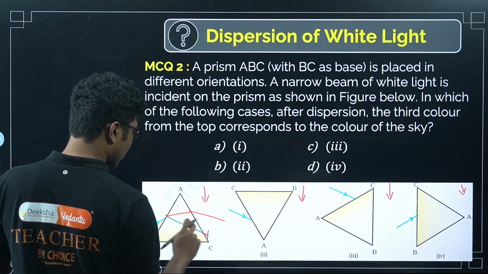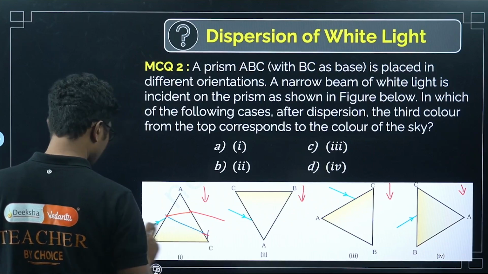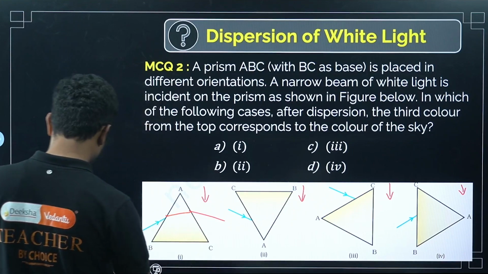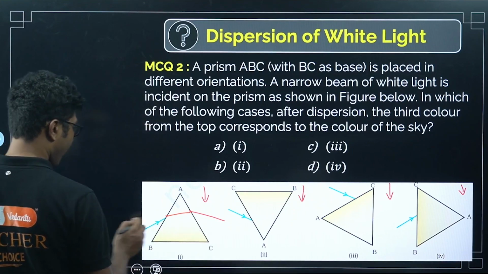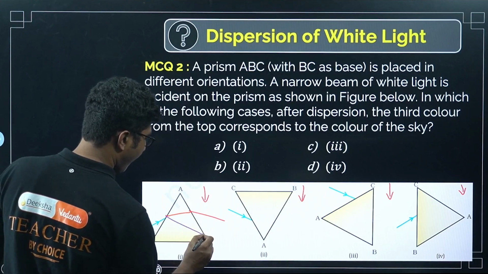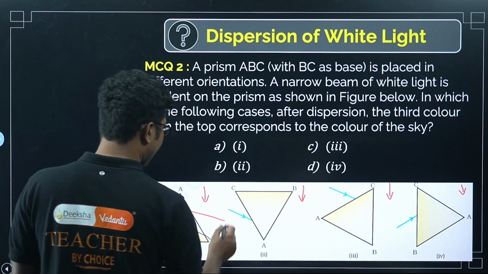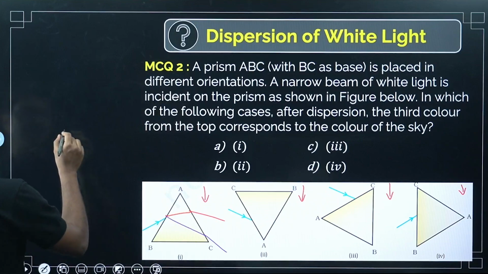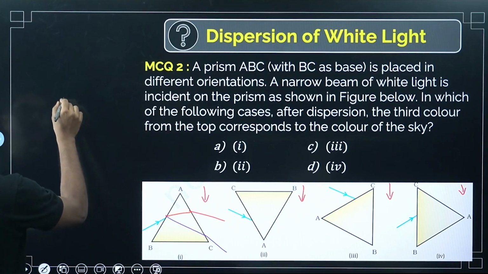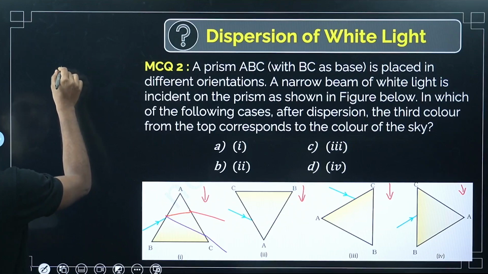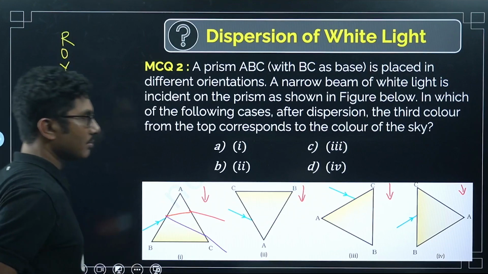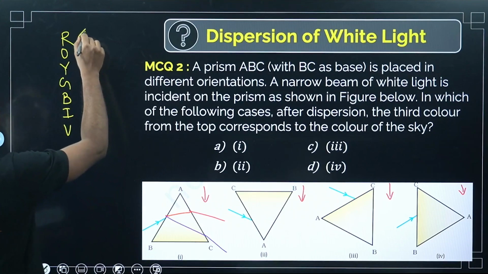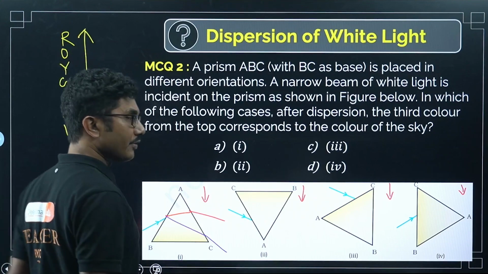Let me use proper colors so that in future you can use this as your reference. All the other colors will be in between, and the order of the colors is VIBGYOR, but VIBGYOR from the bottom.